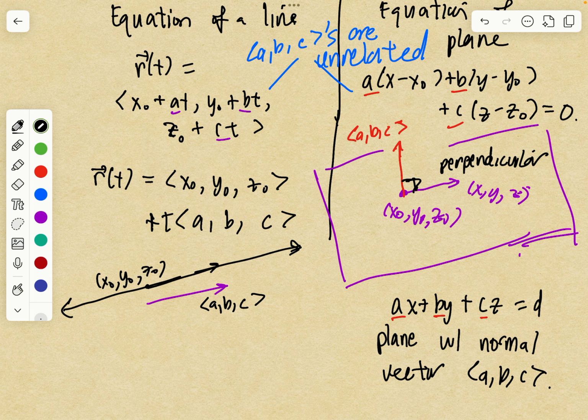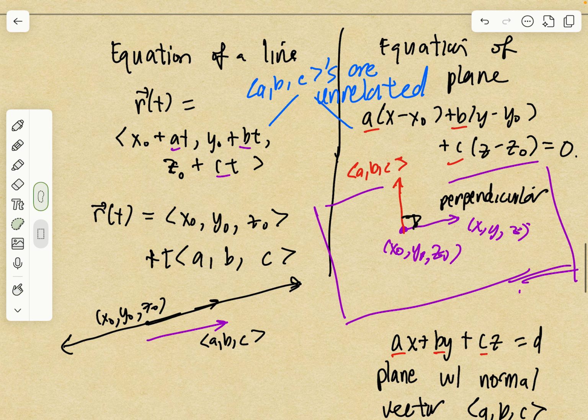So completely different pictures, completely different things. Because this is actually a function, where when you plug in all the values of t, you get this line as the output.